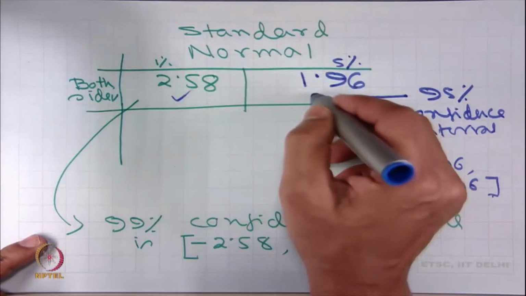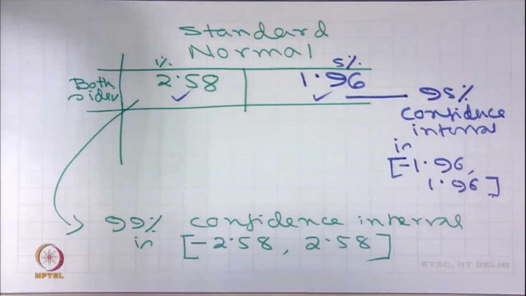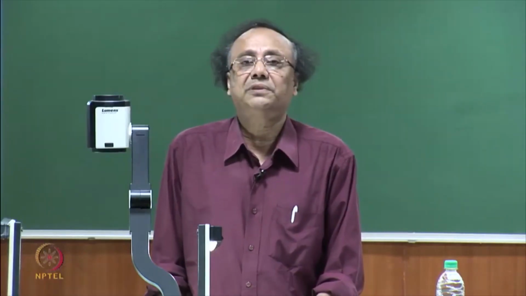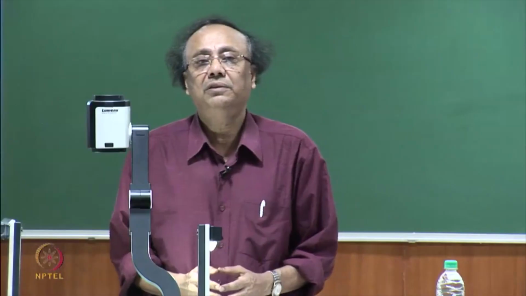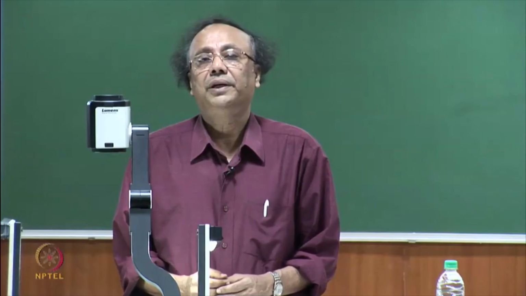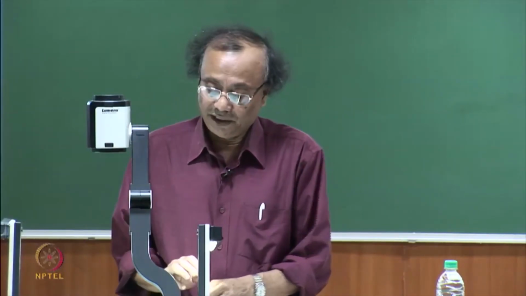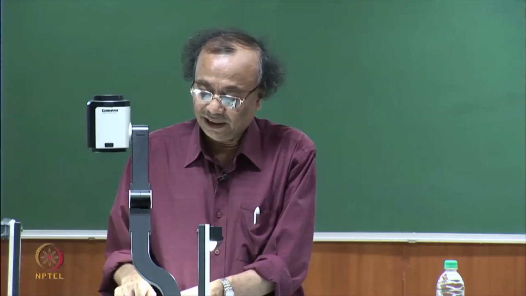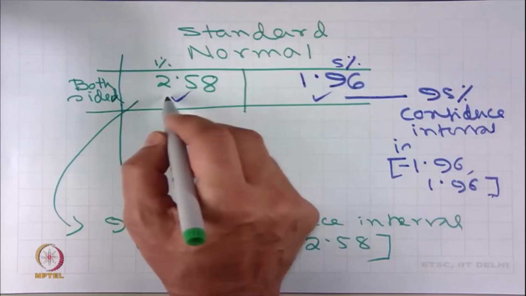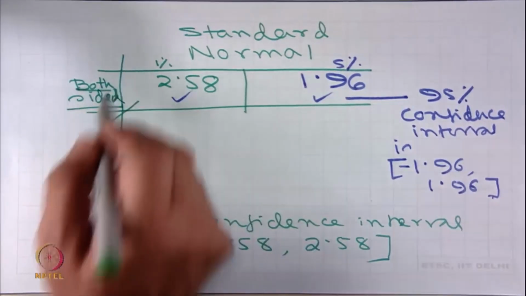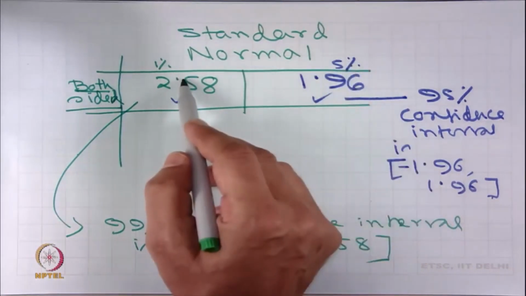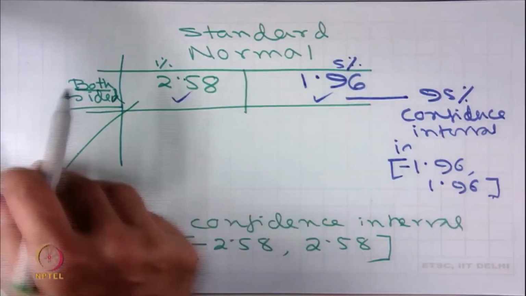So, these two values you need to remember, because typically these are the values that we use. Of course, there are many other values, as you have seen in the table, it is full of values. So, for normal, for different levels of confidence, we can obtain the value from the table, but for this class we restrict ourselves only to the two cases, both sided interval with 95% confidence and 99% confidence.